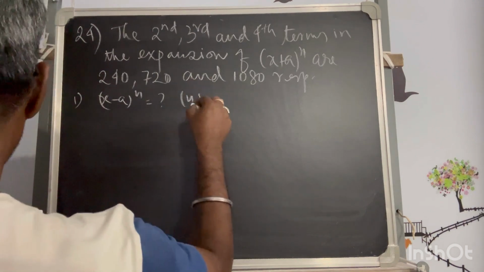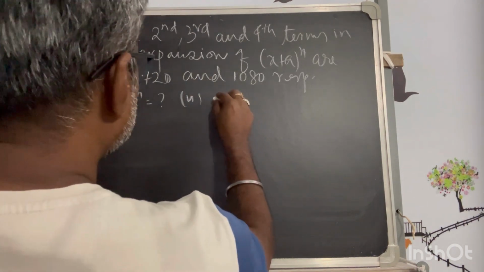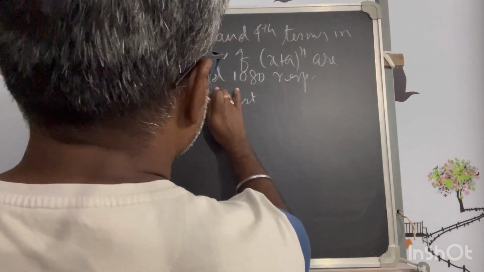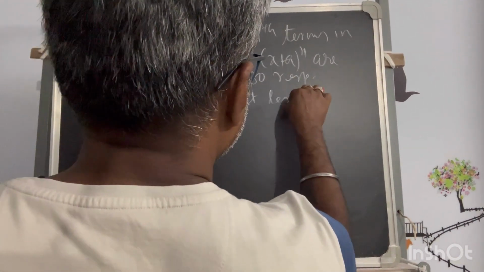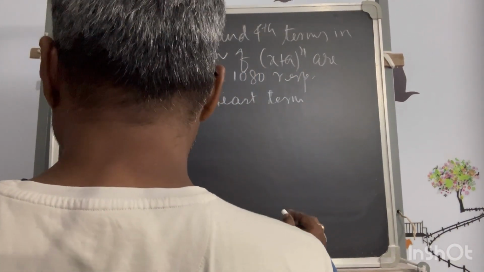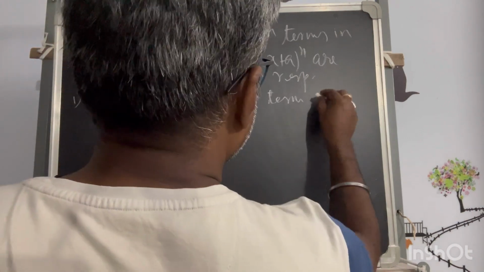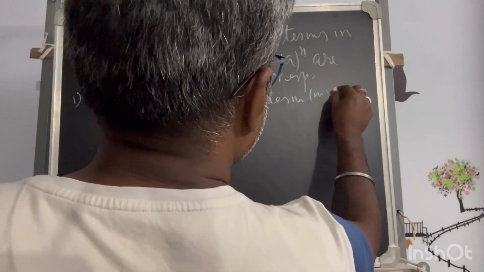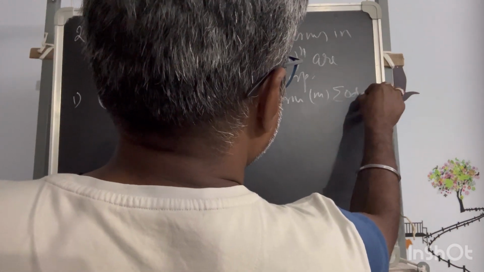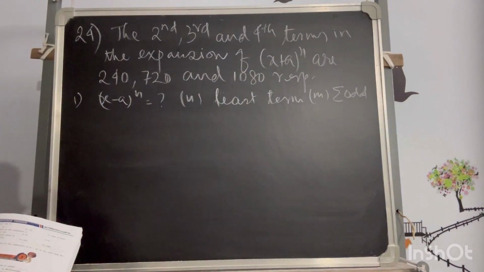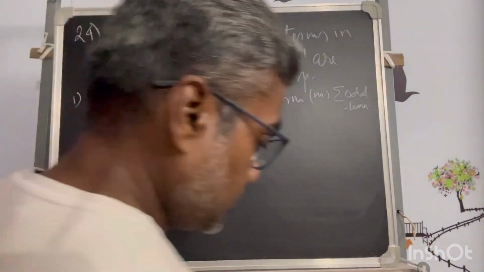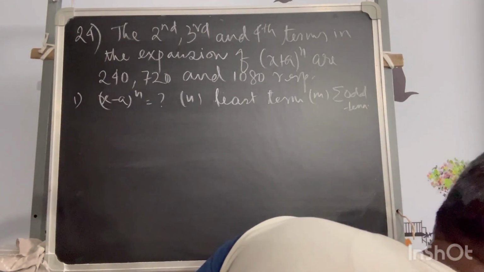Second is given as the least term, and the third one is the sum of odd terms. So this is the requirement of the sum. So let us do it one by one.